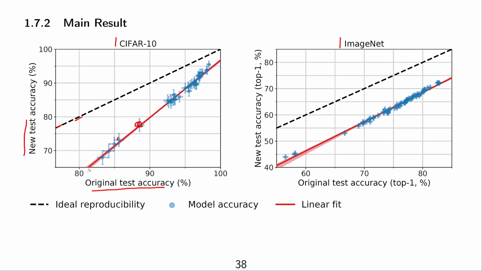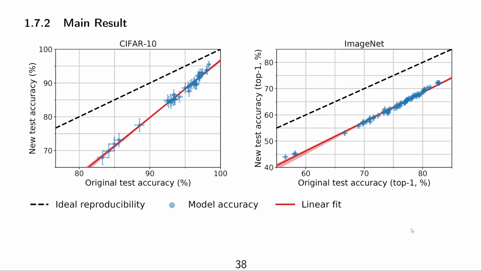What we also have is a red line that illustrates some linear fit. What we can observe also using this trend line through the linear fit is that architectures that have better performance on the original test set, either for ImageNet or CIFAR, have better performance on the new test set.